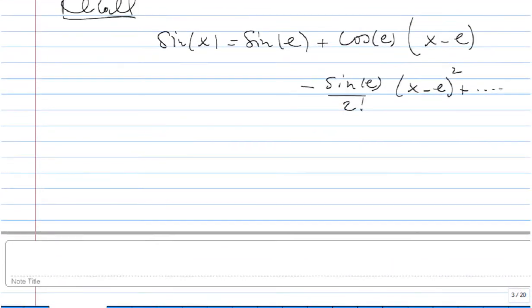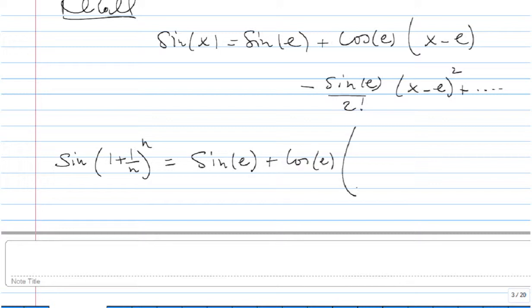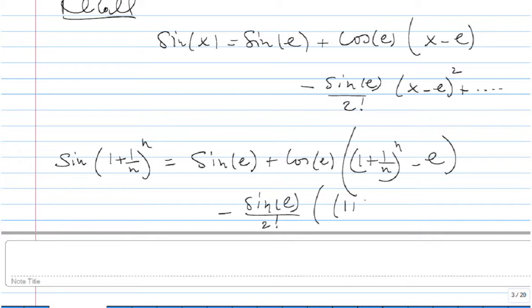So here, applying this will give us, and we have to be careful, sine of e plus cosine of e times ((1 plus 1 over n) to the power n minus e) minus sine of e over 2 factorial times ((1 plus 1 over n) to the power n minus e) squared, etc. The next one will be a third power.